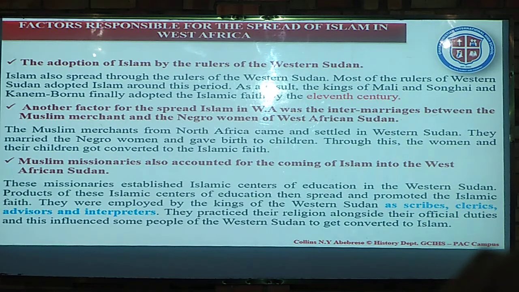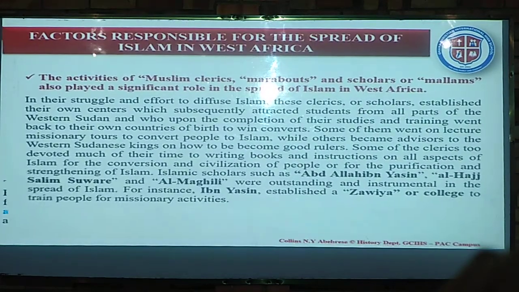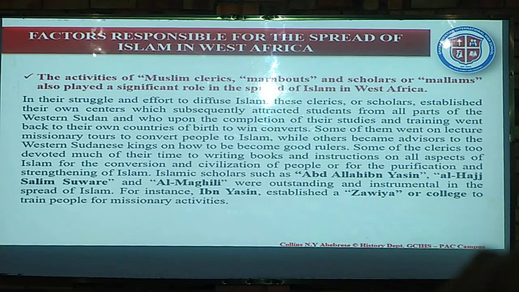And people seeing these fine gentlemen, educated, doing their work and at the same time practicing the Islamic religion, were also influenced to engage in the trade.